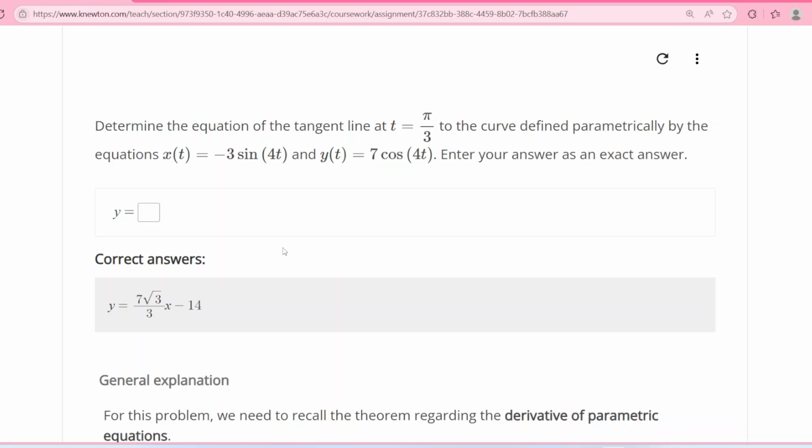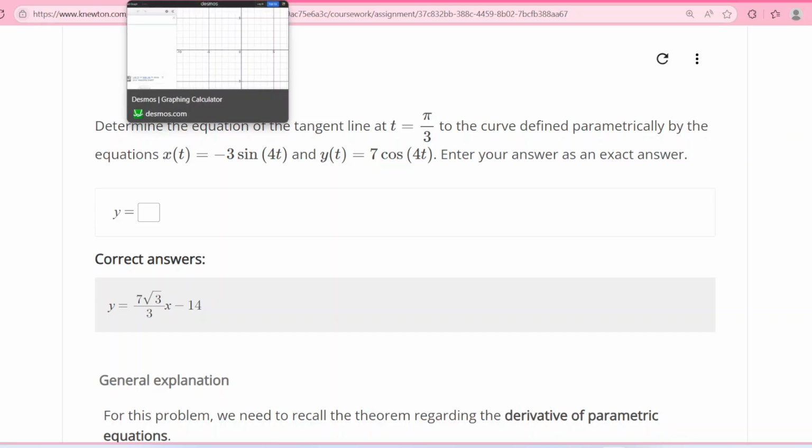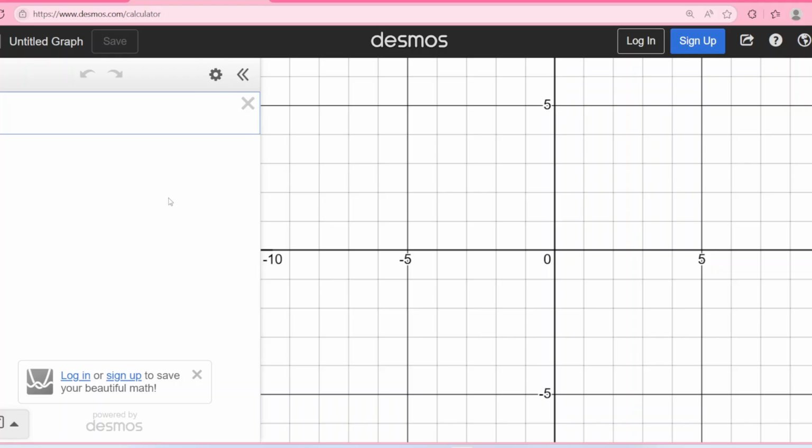All right, now I'm going to visually verify this, even though I can see the answer. You know, maybe they made a mistake or I made a mistake. I don't know. Let's really hammer this home and double check it. So I'm going to go to desmos.com, a free online calculator, and enter these parametric equations as an ordered pair, right?